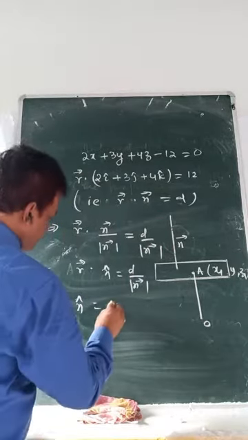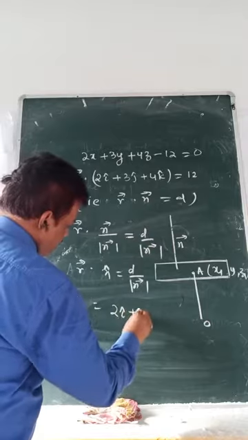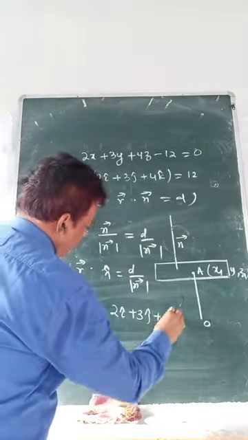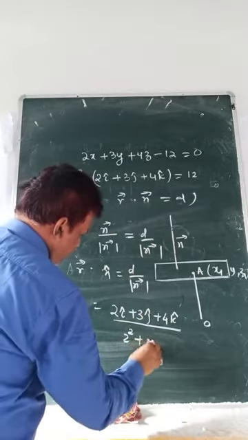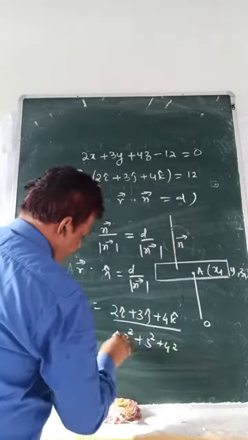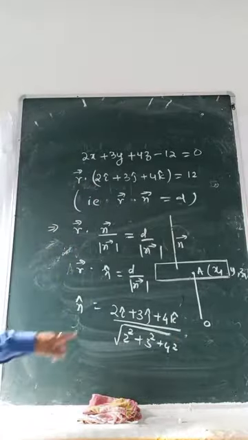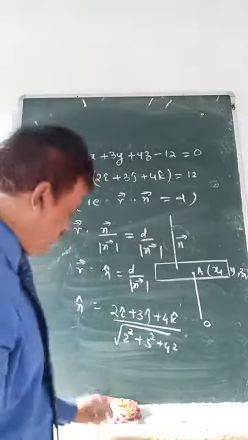2i, 3j, 4k divided by root over 2 square plus 3 square plus 4 square. Understood? Okay.